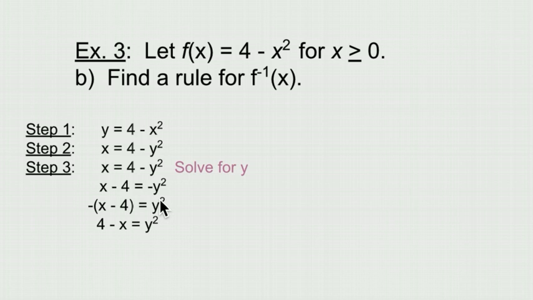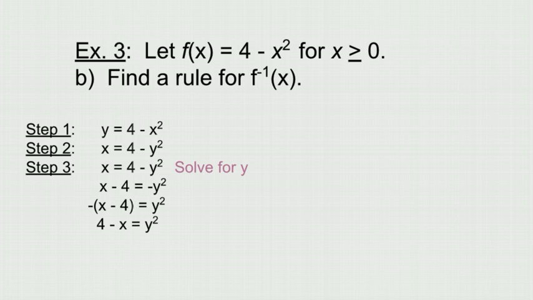I just wanted to make the illustration that changing the sign of a subtraction problem, that's just what I did here. I changed the sign of both sides, results in subtraction being done in the reverse order. So the opposite of negative y squared is positive y squared, but the opposite of x minus 4 is 4 minus x.